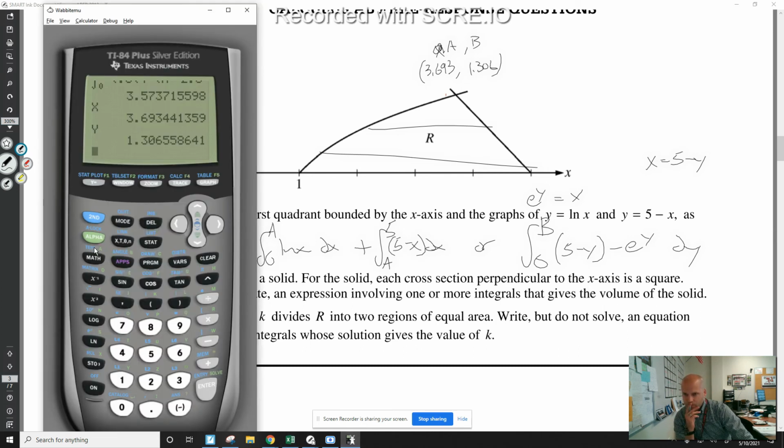I'll show you. I can type it in pretty quickly: 0 to a of log x plus a to 5 of 5 minus x.